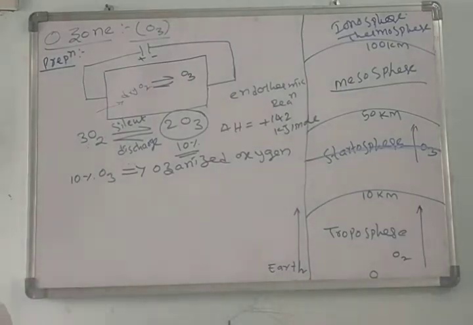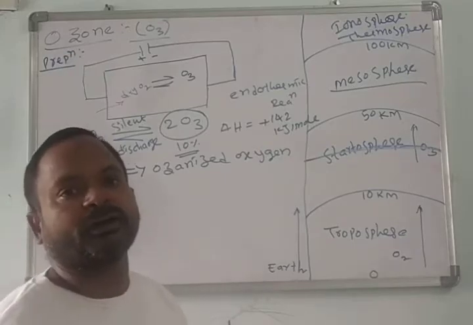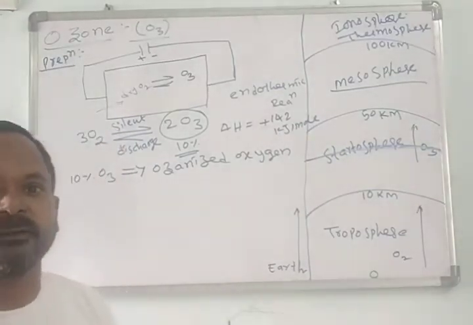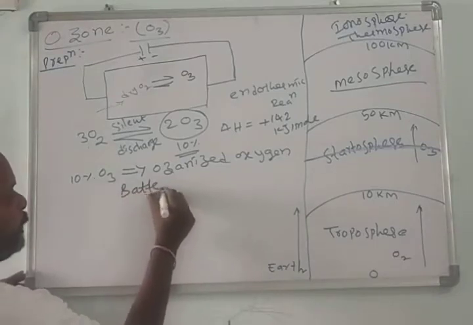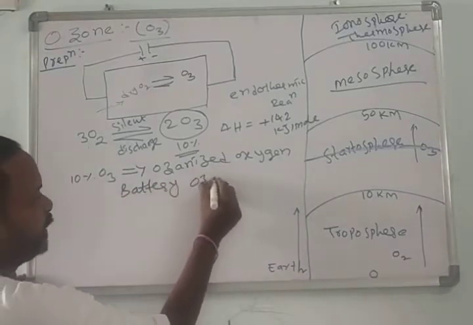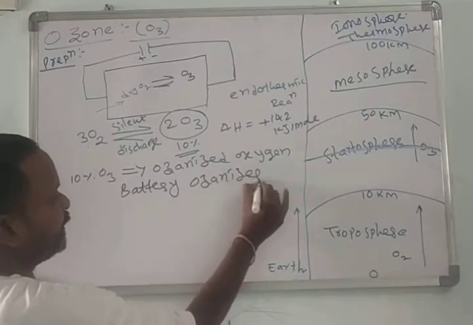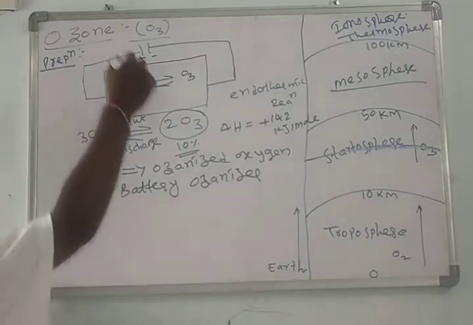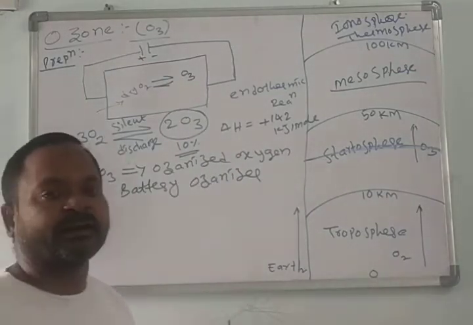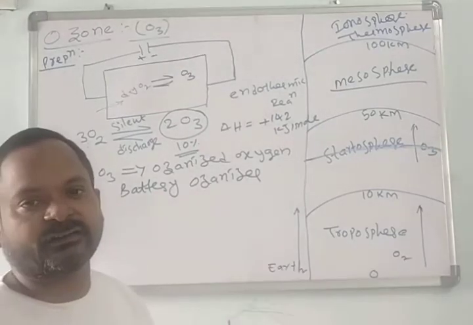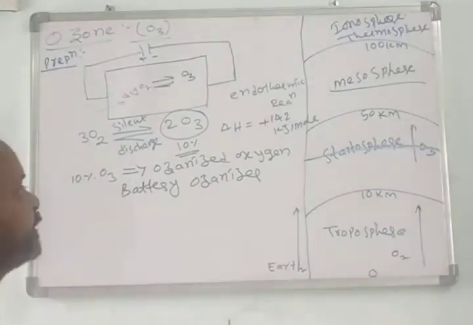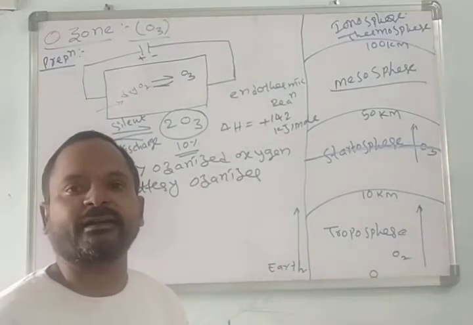If we require more concentrated ozone, we will use battery ozonizers. By using battery ozonizers, instead of the anode, cathode and simple battery, by the silent discharge we will get more than 90% concentrated ozone.